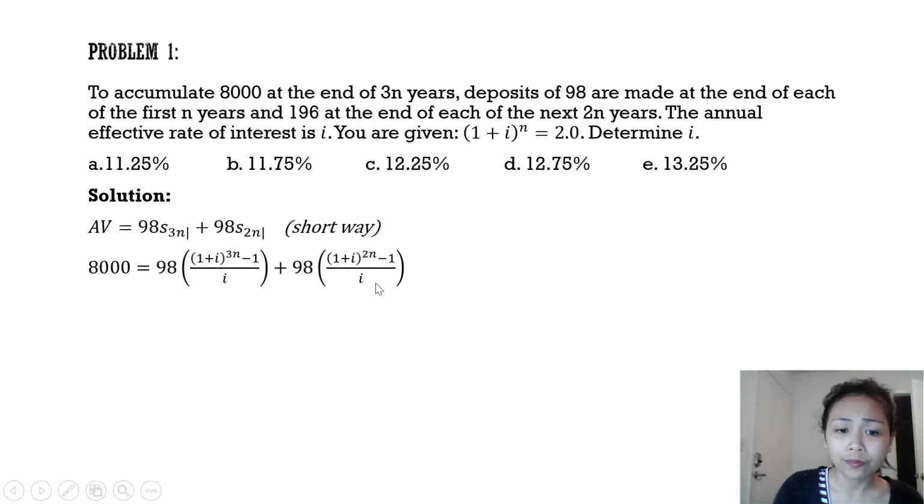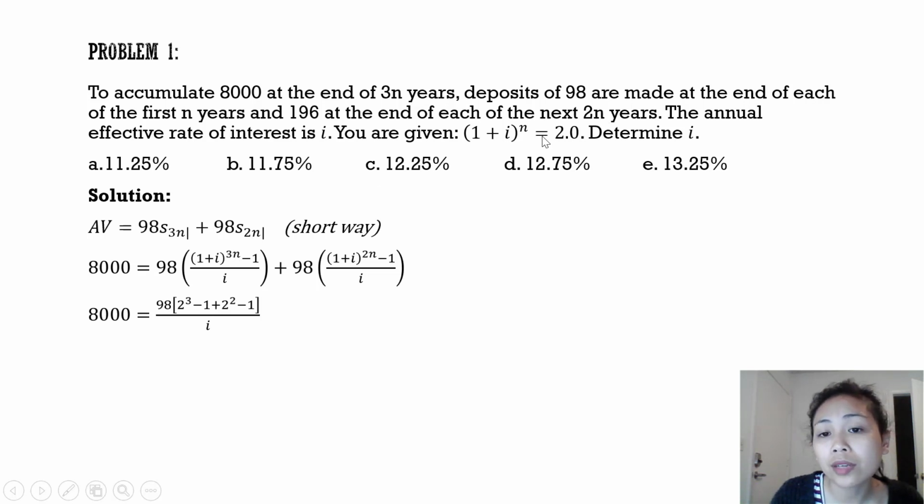So here we have the common denominator i, and we have the same 98, so we factor 98 out. 1 plus i to the 3n: we are given 1 plus i to the n is 2, so this is 2 cubed. This is a property of exponents.